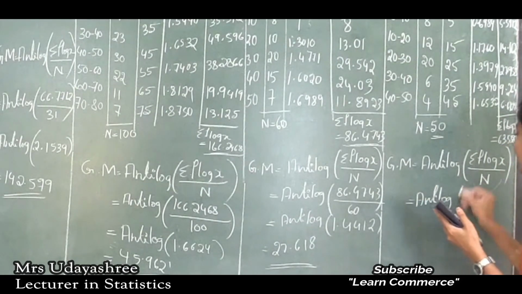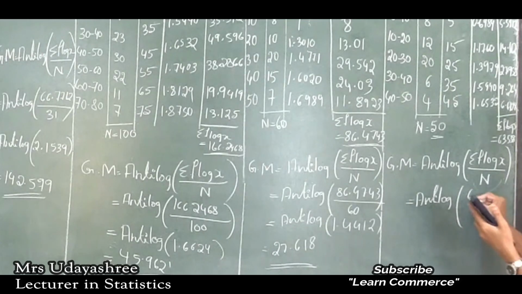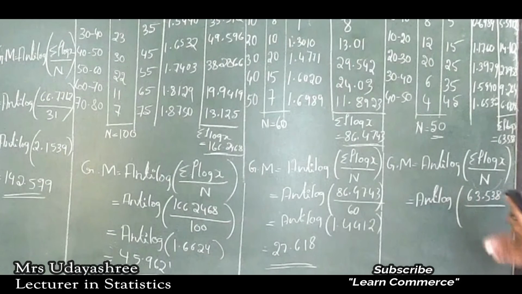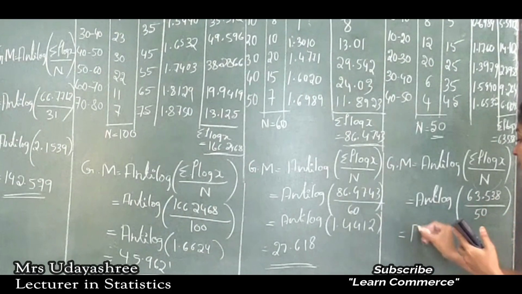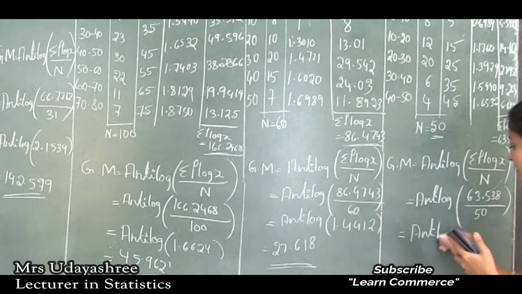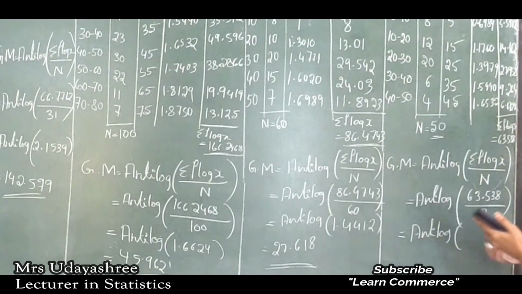So this is equal to anti-log of summation f into log x, that is 63.538 divided by capital letter N, that is 50. So this is equal to anti-log of 63.538 divided by 50. Here we got 1.27076.